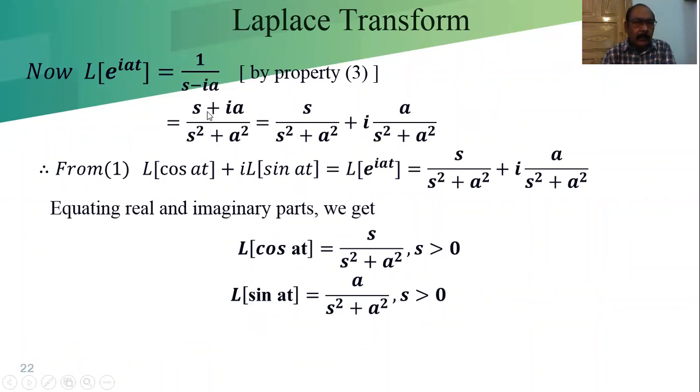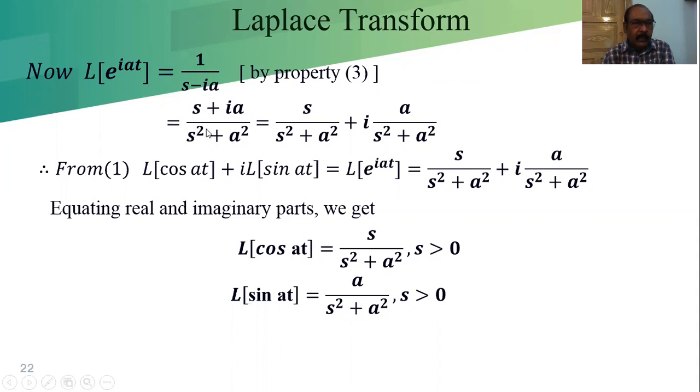From that, we can write, multiplying the numerator and denominator by s plus i a, as s plus i a is not equal to 0. Multiplying this, what will we get?